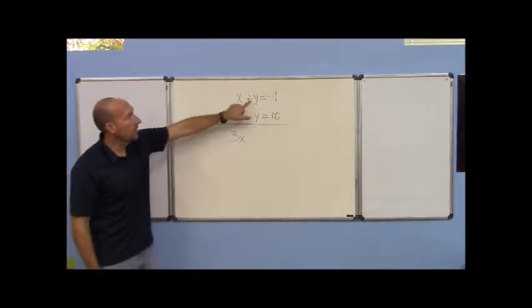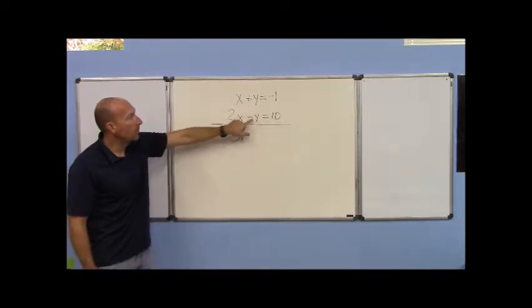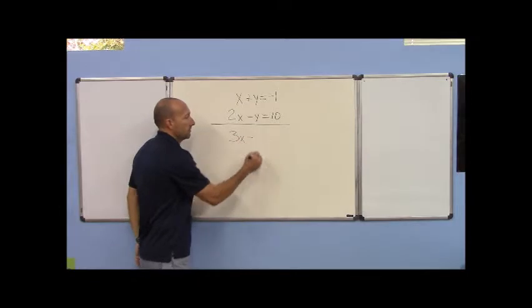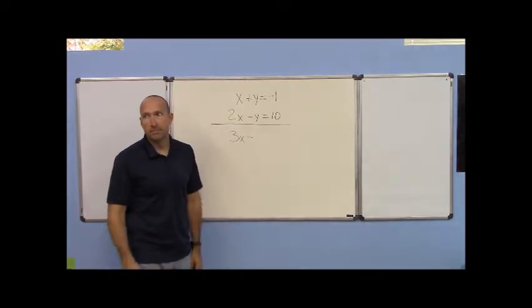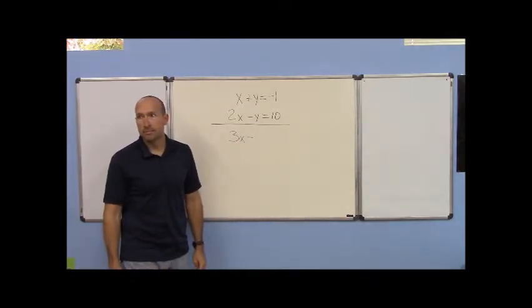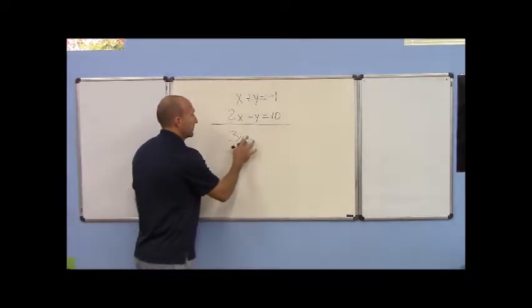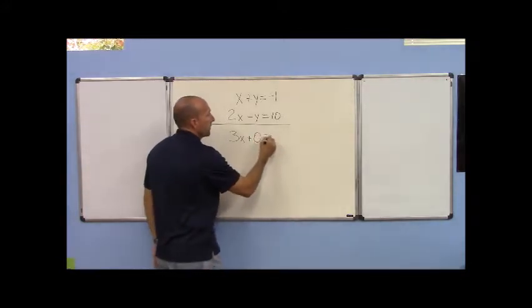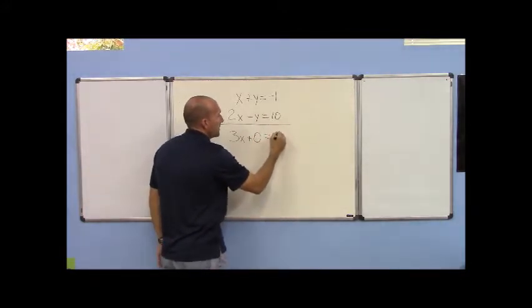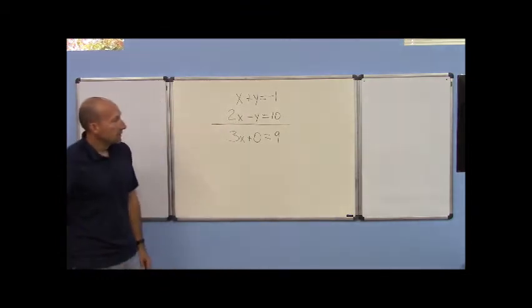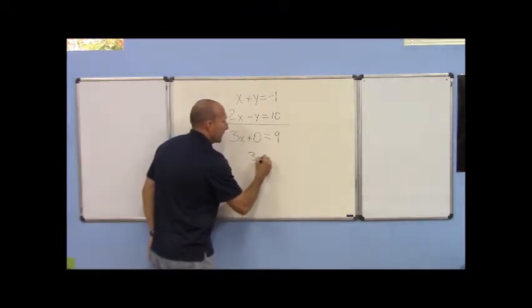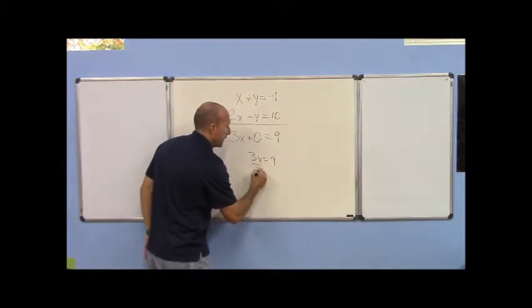Now here we have positive 1y minus a y, which gives us what? What's 1 minus 1? 0. Plus 0 equals, and then 10 minus 1 is 9. So here in this situation, we now have 3x equals 9. We can divide by 3.